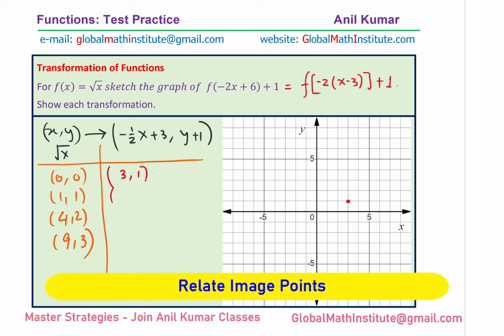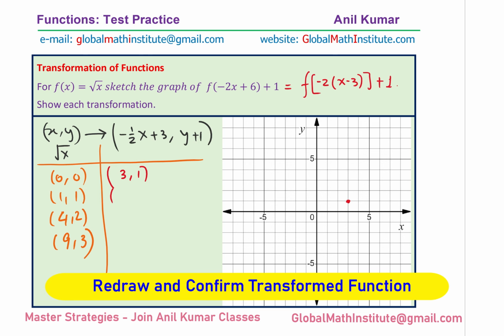Now, to 1, if I do minus half times 1 becomes minus half, and then we have to add 3 to it, the x value. So this point was now at 2.5, right? So 2.5, let me write. The y value becomes 2.